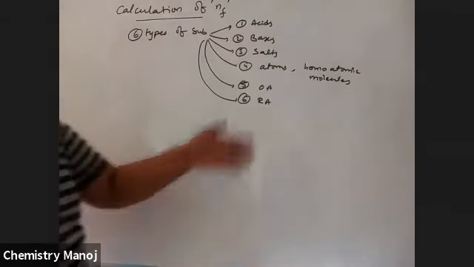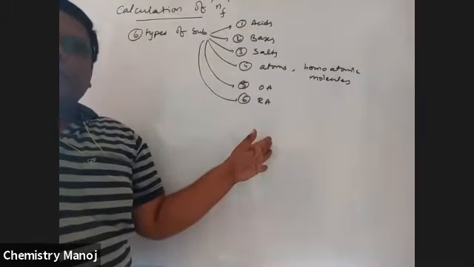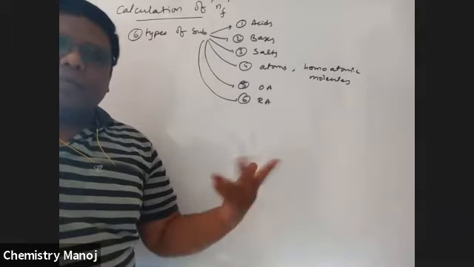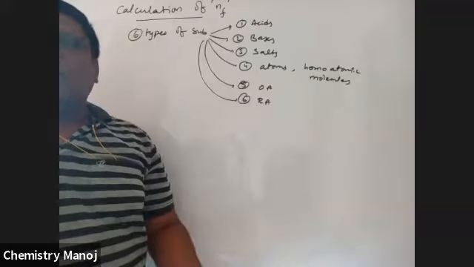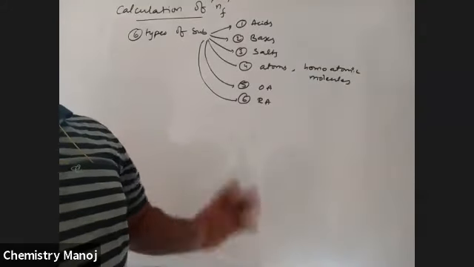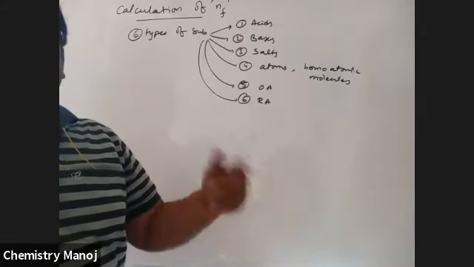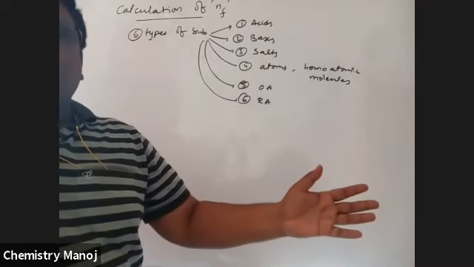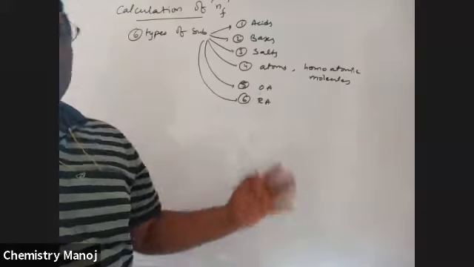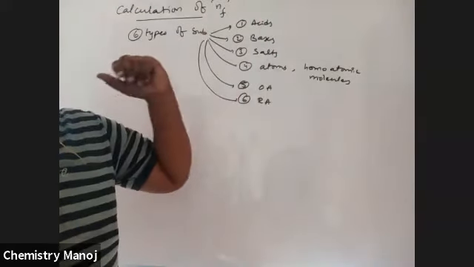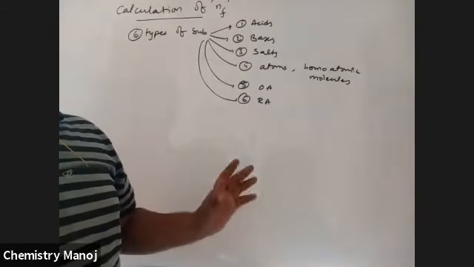Because our substances are classified like this: a substance may be an acid, a base, a salt, an oxidizing agent or a reducing agent, or atoms or molecules. If you identify which it is, the n factor is calculated in that way. First of all, how to calculate the n factor for acids, for bases.